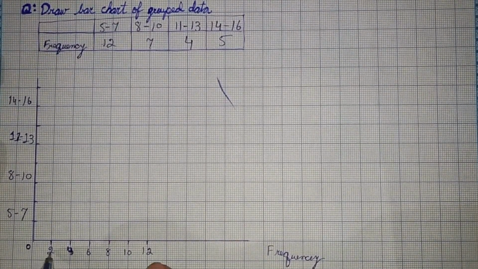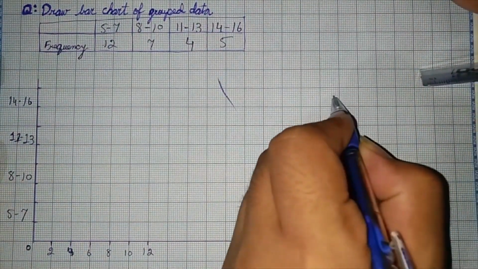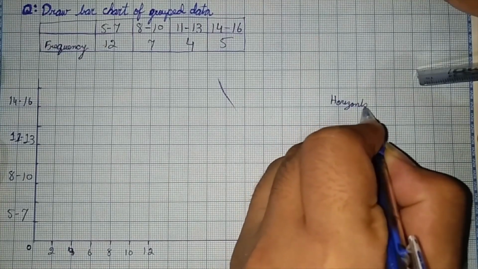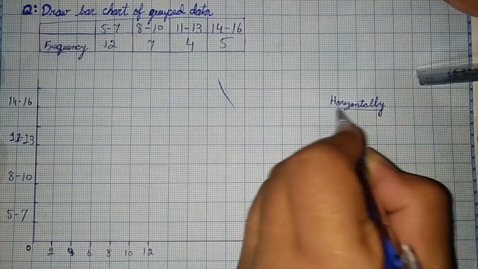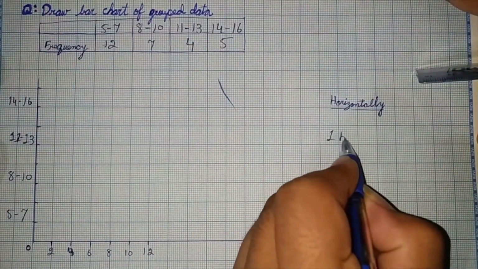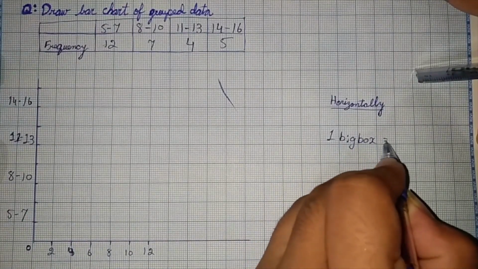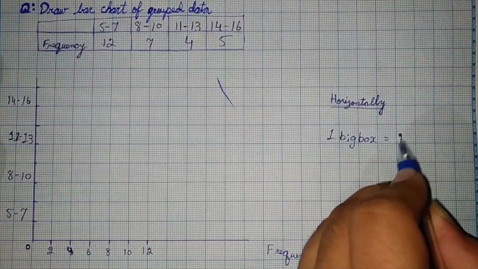Now I am talking about the horizontal boxes. Here horizontally, one big box will give us a frequency of 2.